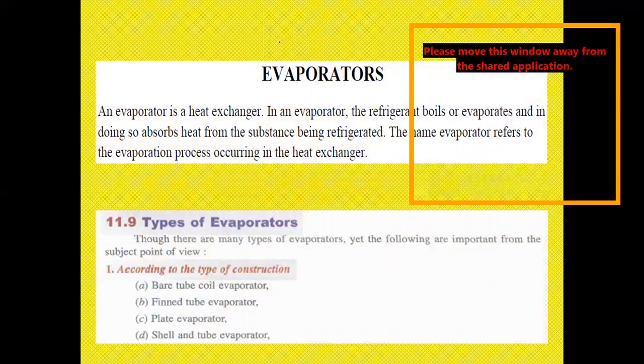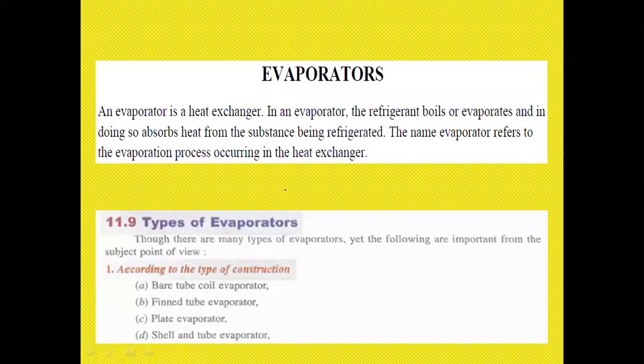As I said, what is the meaning of evaporator? An evaporator is simply a heat exchanger which passes heat from one device to the other. In the evaporator, the refrigerant, what we have studied in the last classes, boils or evaporates, and in doing so it absorbs heat from the substance being refrigerated.